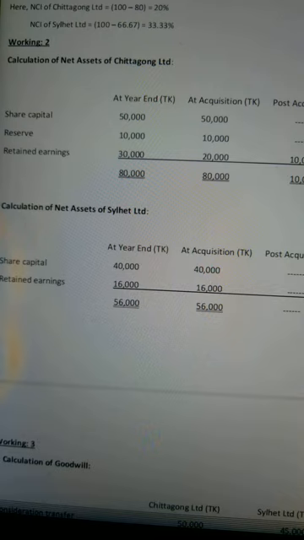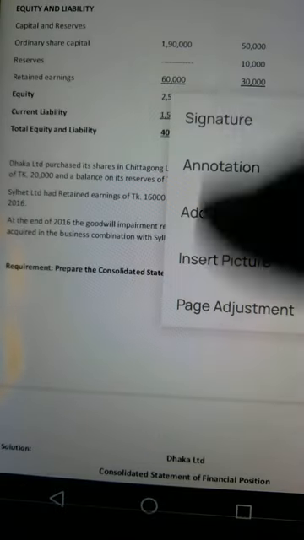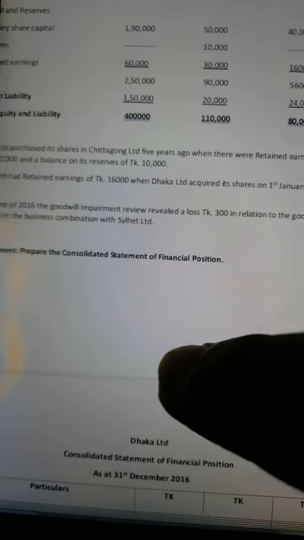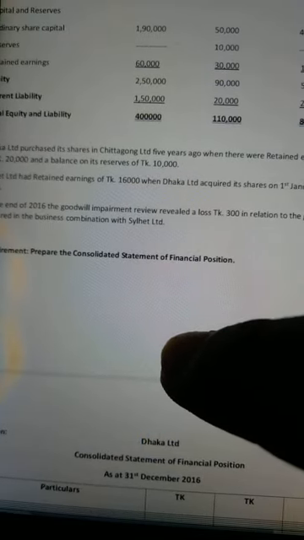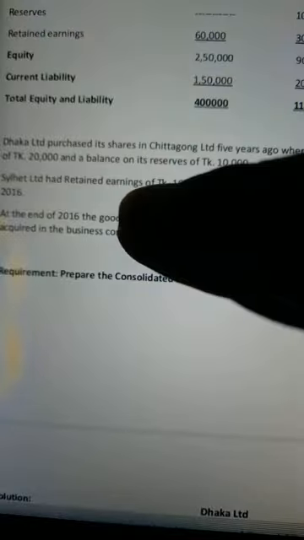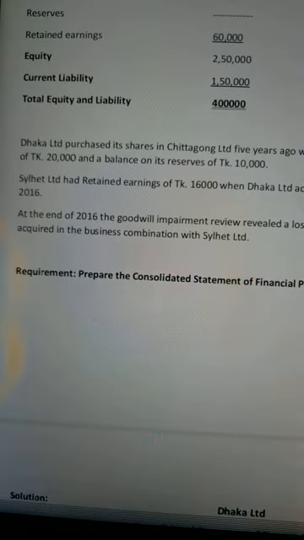Now, as you can understand, at acquisition Chittagong Limited has 20,000 taka. How do they have that? As we read in the information at the very beginning, retained earnings of taka 20,000 and a balance on its reserve of 10,000.